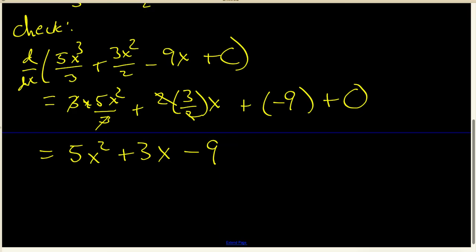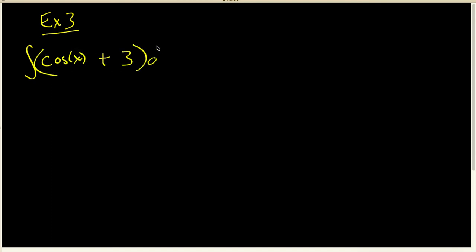Let's look at one more example. As a third example, let's look at finding an antiderivative of, say, the cosine of x plus 3x dx.